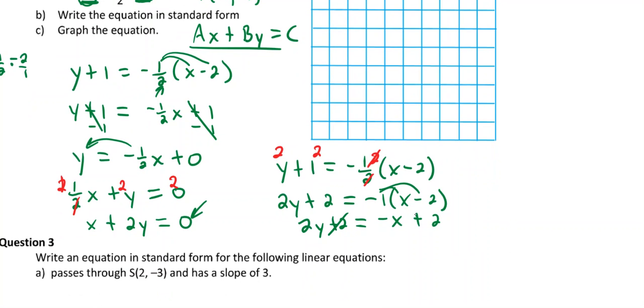You guys see again that the 2's would cancel. And we'd end up with x plus 2y is equal to 0. So you get the same answer there. So if you understand what I did there, where I just got rid of that fraction right off the bat, I find that easier. Then we never had to deal with the fraction all the way through. Okay, so that's an option.